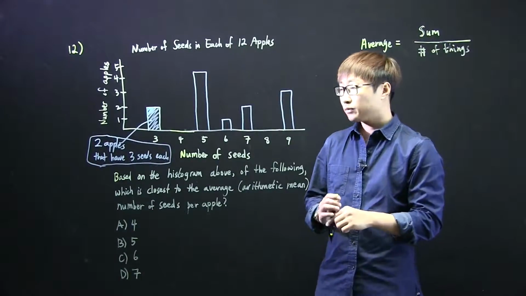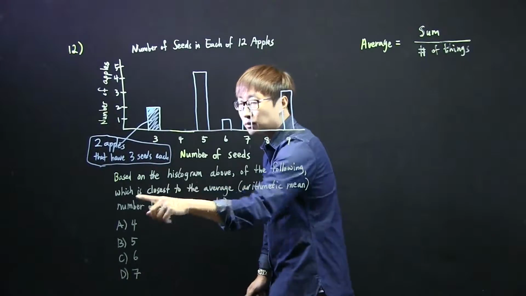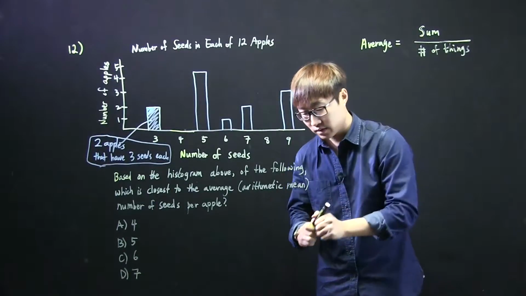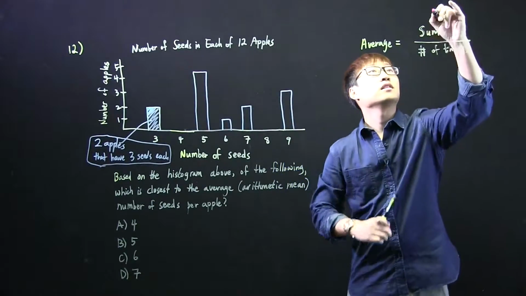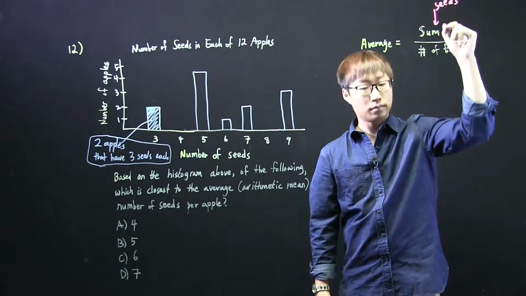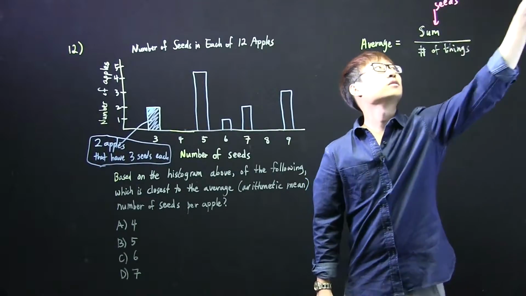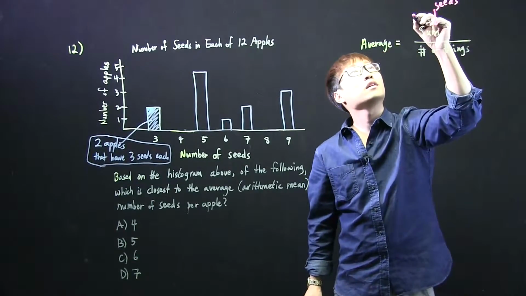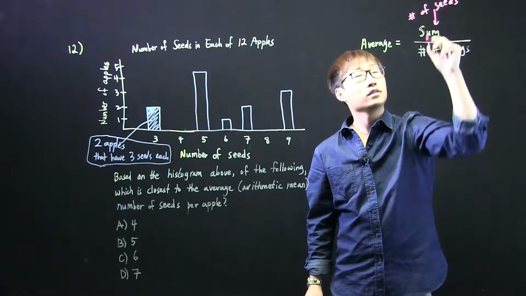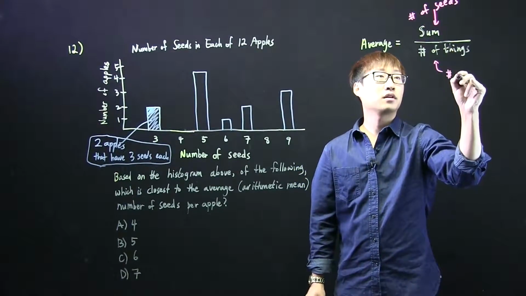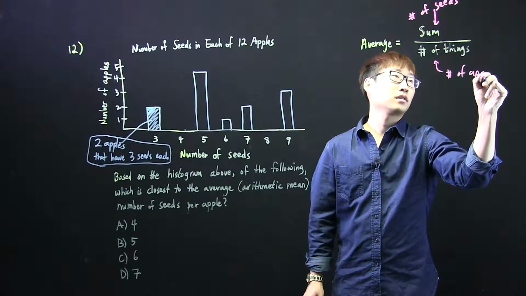So we want the average number of seeds. So the sum here, for our case, would be number of seeds here.